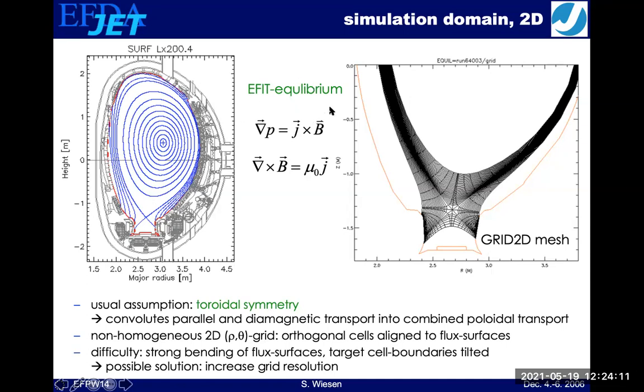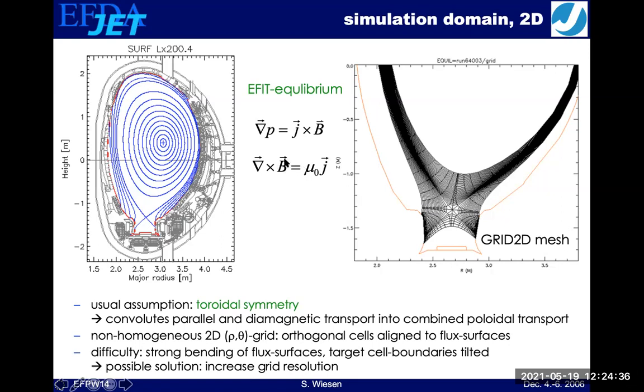One uses EFIT, which is just a procedure, but it's an equilibrium where the gradient of the pressure is J cross B. So this gives you flux surfaces essentially of constant pressure. This is what it's saying here. So this equation tells you that each flux surface has its own pressure.